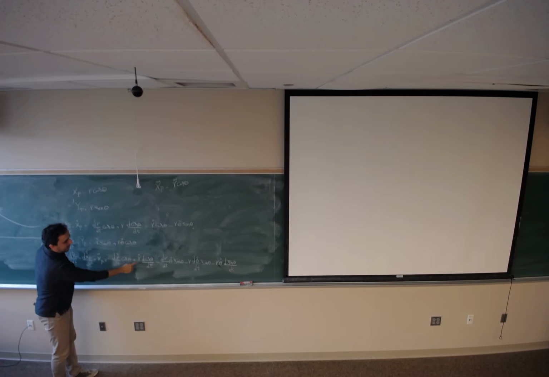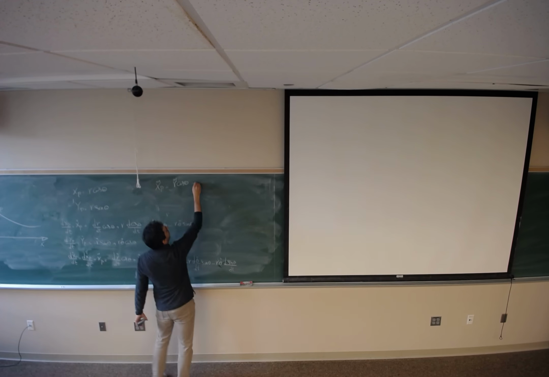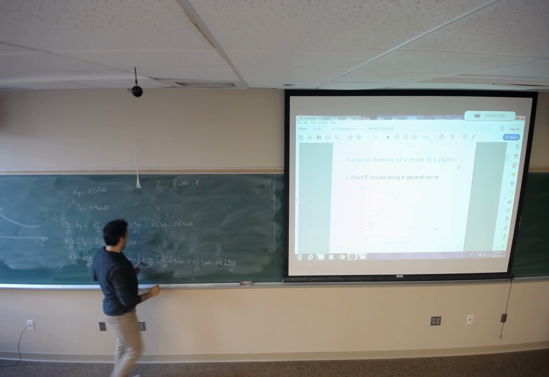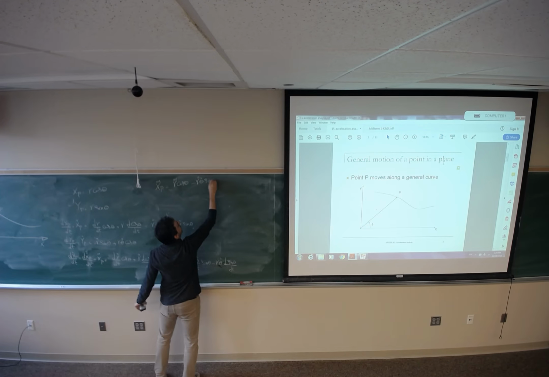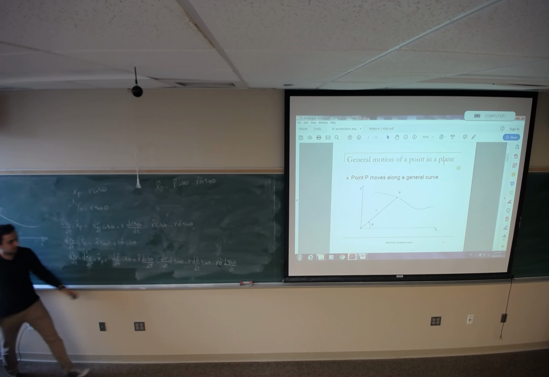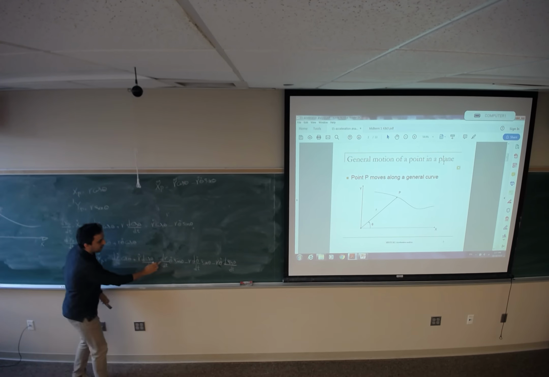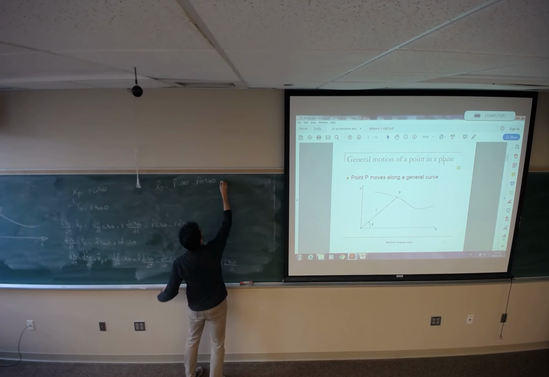Second term, derivative of cosine with respect to time, it's gonna be negative r dot theta dot sine of theta. We know how to differentiate cosine of theta with respect to time. Here, derivative of r with respect to time is going to be r dot, minus r dot theta dot sine of theta.